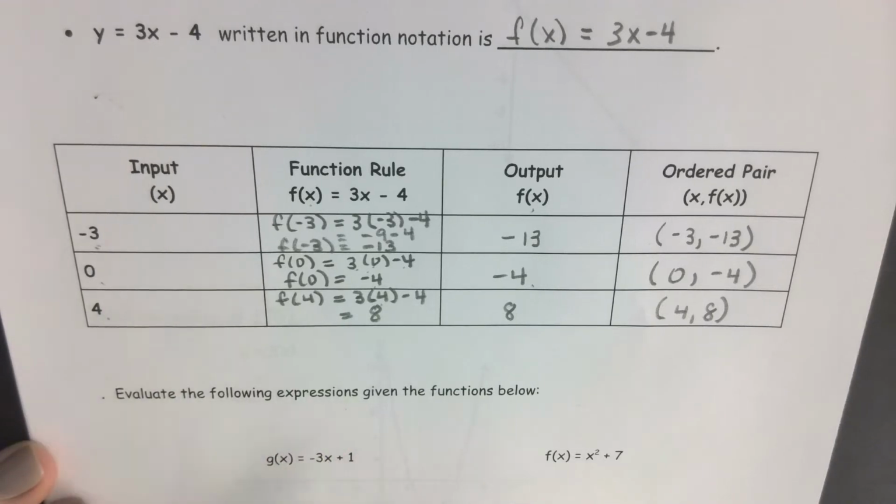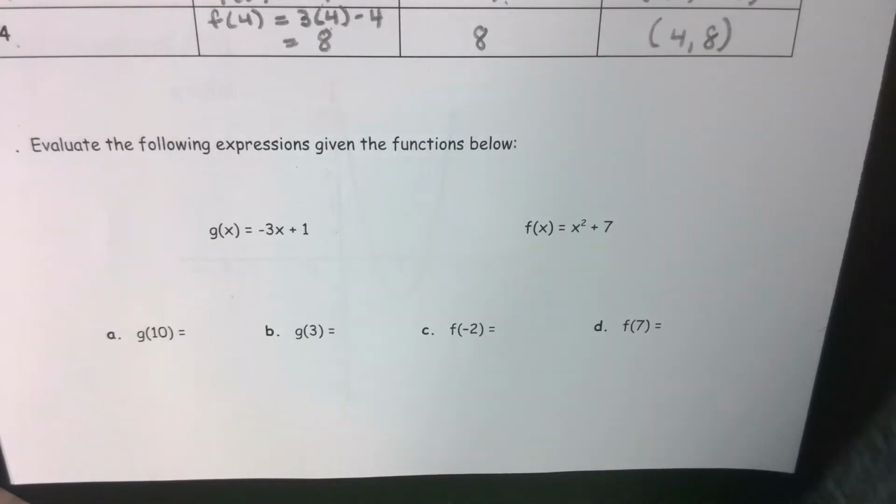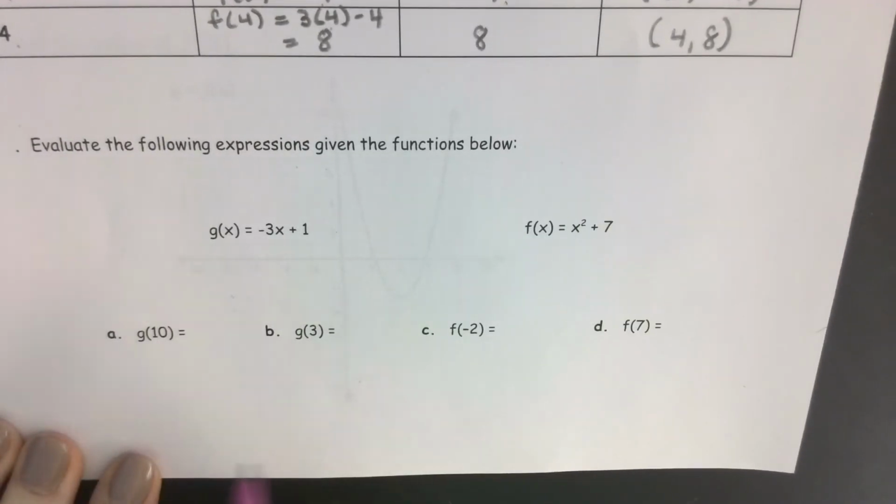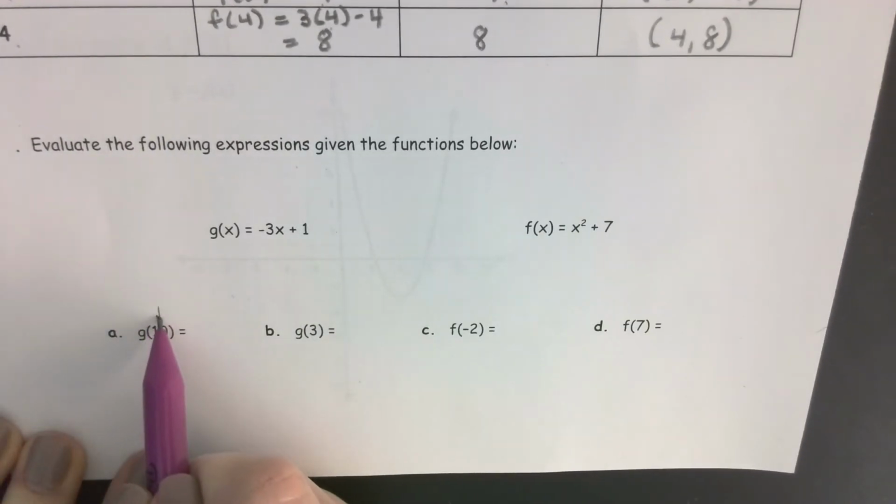Let's look at the following expressions. We have g of x is equal to negative 3x plus 1, and f of x is equal to x squared plus 7. Let's evaluate g of 10. So remember, written as g of 10, we know that x is equal to 10.